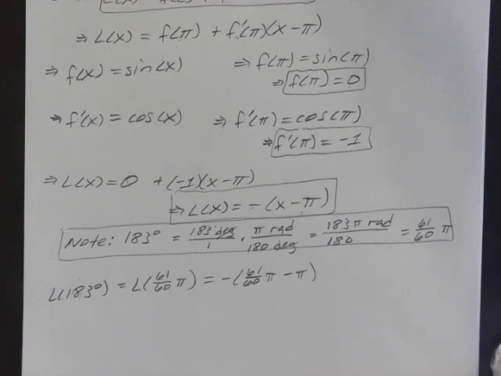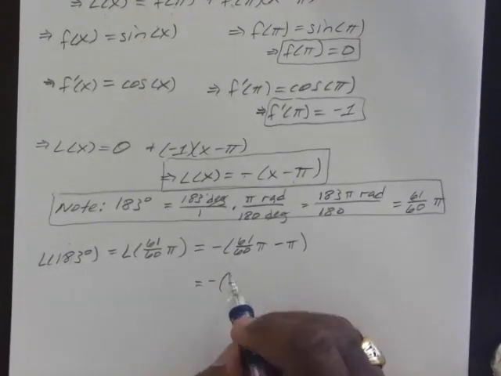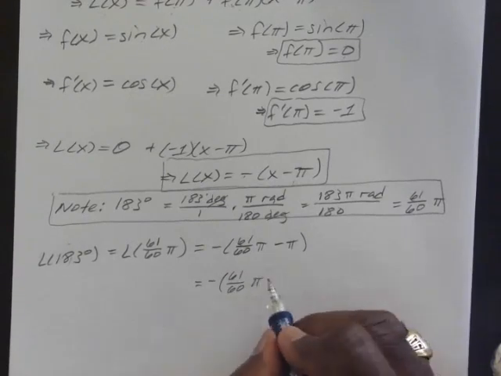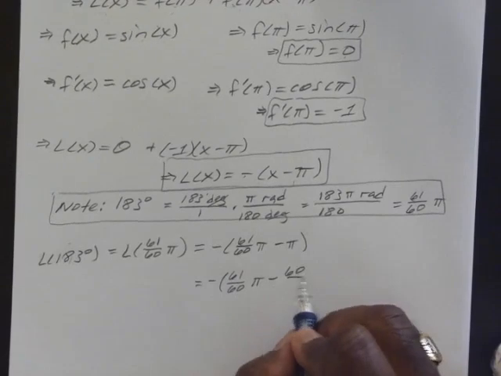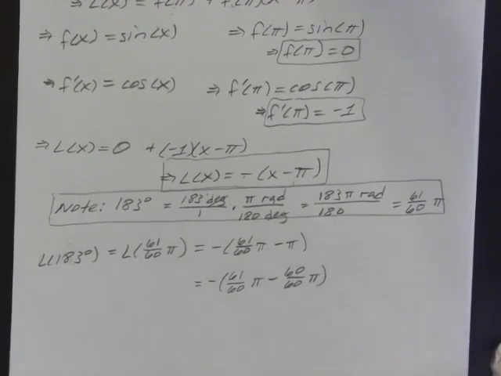Okay. Well, we can't add or subtract until we have like denominators. So we can rewrite that as negative 61 over 60 pi minus 60 over 60 pi, which is basically 1 times pi, which is still pi.